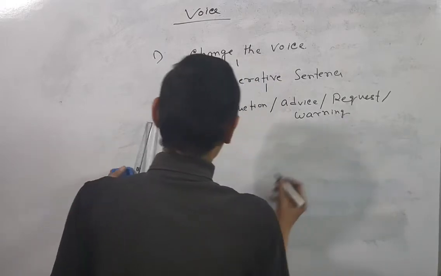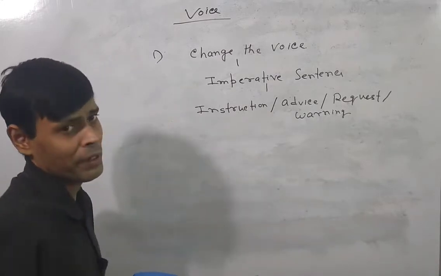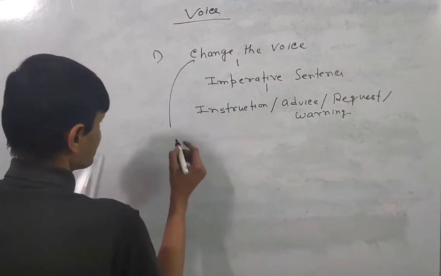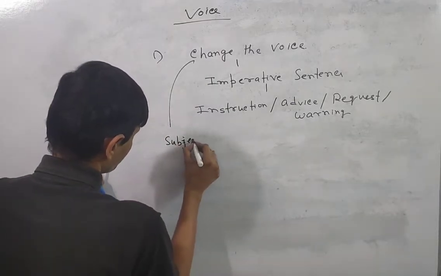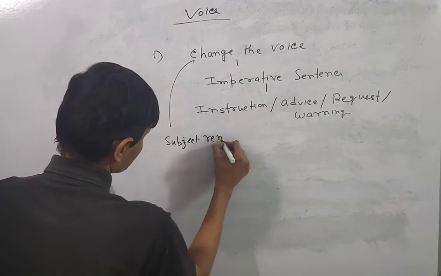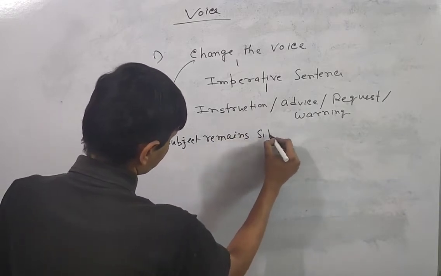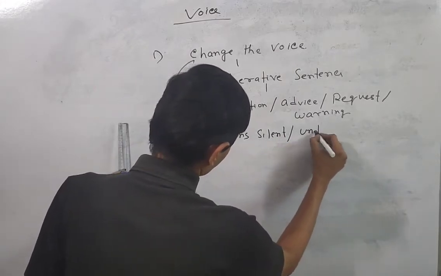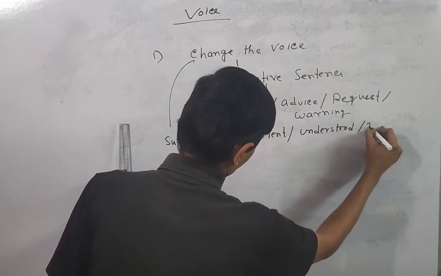But now you can ask why there is no subject. The subject is there, but it is not written in form. That means here the subject remains understood, remains silent, or understood, or not written.